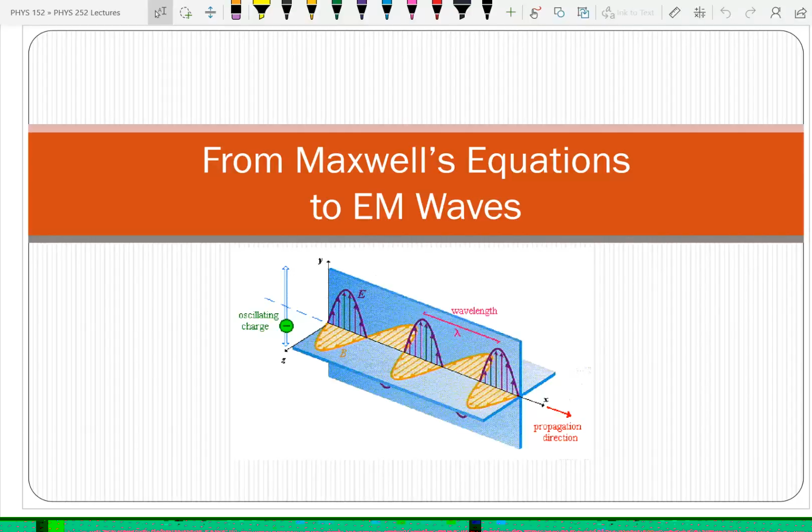Furthermore, by combining those equations, he was able to show that electromagnetic waves, in theory, should exist.